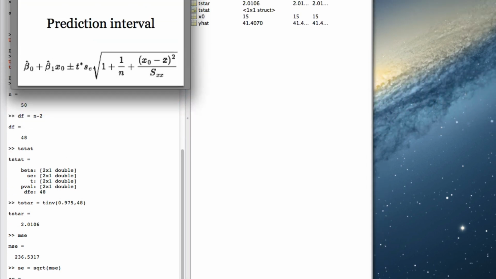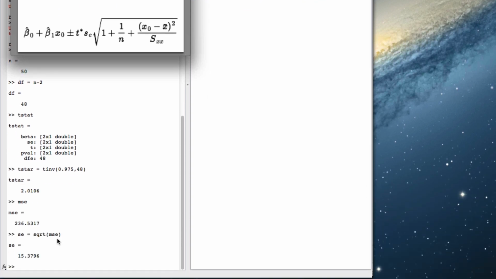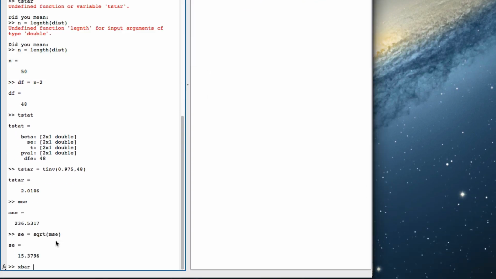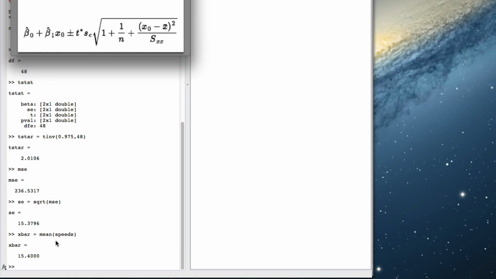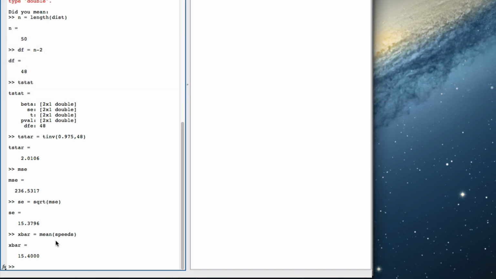Now the rest, I'm going to need x bar, so I'll call it x bar, and that's the mean of the x's, which in my case is the speeds. And I'm also going to need SXX. What's that? I basically take every value of my x's, the speeds, minus the x bar, and then take each of them and I square them. I want to do each one element-wise, so I use the dot.